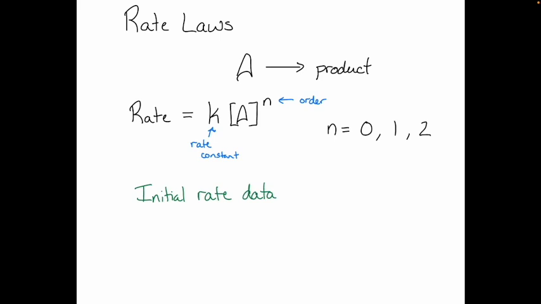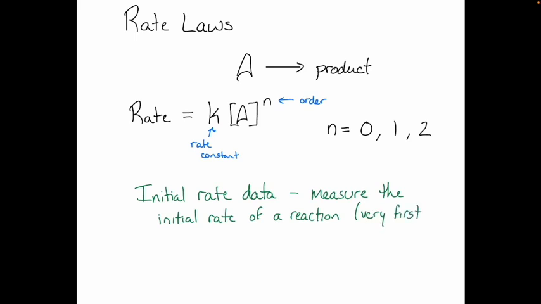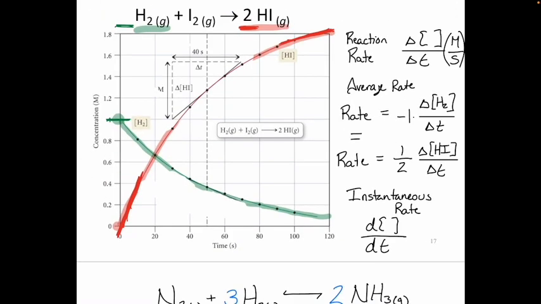What we're going to do is measure the initial rate of a reaction, the very first few time points. So the initial rate of my reaction over here corresponds to this portion of the graph when it's going its fastest, when it's just starting out.